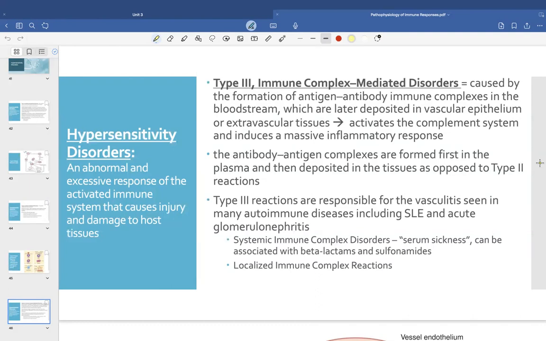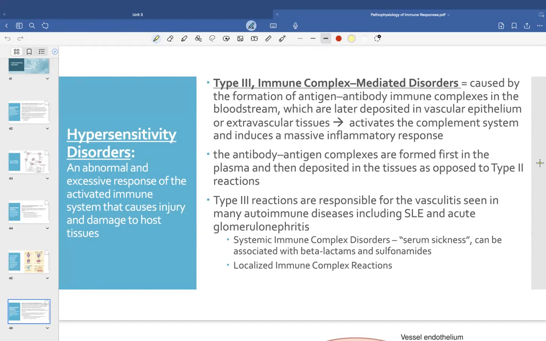These are often later deposited in different epithelium, like the endothelium or in the kidneys. Once they get deposited, they activate the complement system, which then causes that massive inflammatory response.